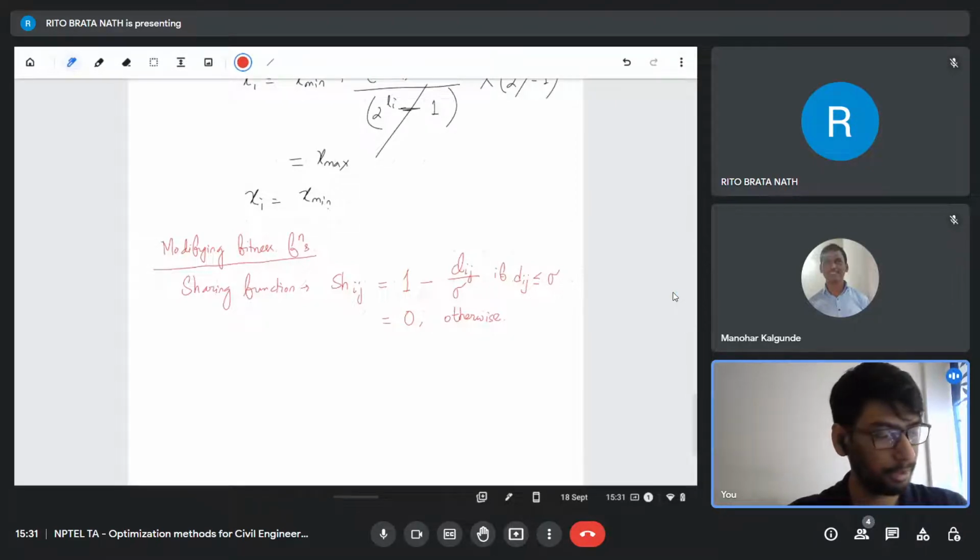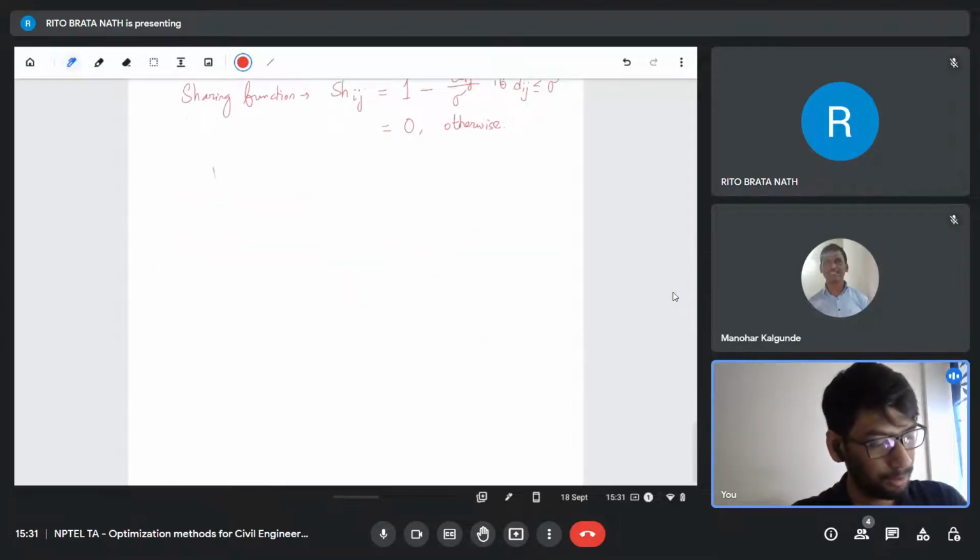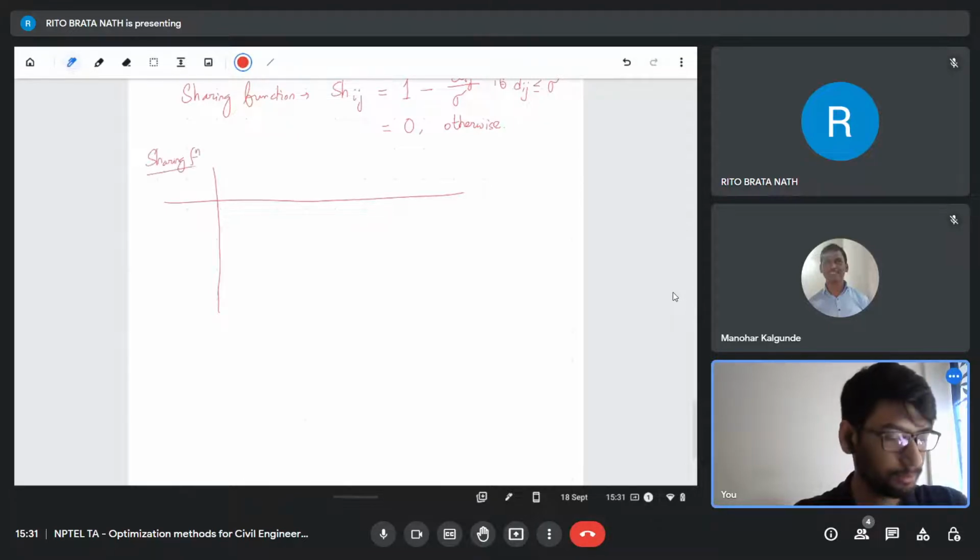So for that, what you can do, say this is sharing function, or before going into sharing function, just get into the distance matrix kind of a thing. So let me write this as distances.